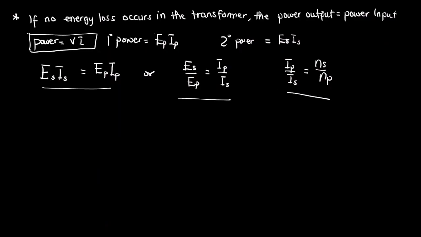So if ES, the EMF in the secondary coil, over the EMF in the primary coil is equal to the current in the primary coil over the current in the secondary coil, and again this current ratio IP over IS is equal to the number of turns in the secondary coil over the number of turns in the primary coil, then we can see confidently that ES over EP, which is equal to IP over IS, is also equal to NS over NP.